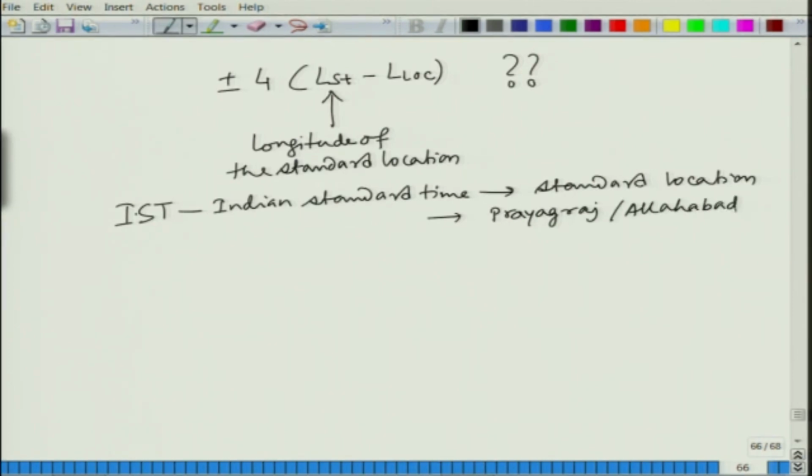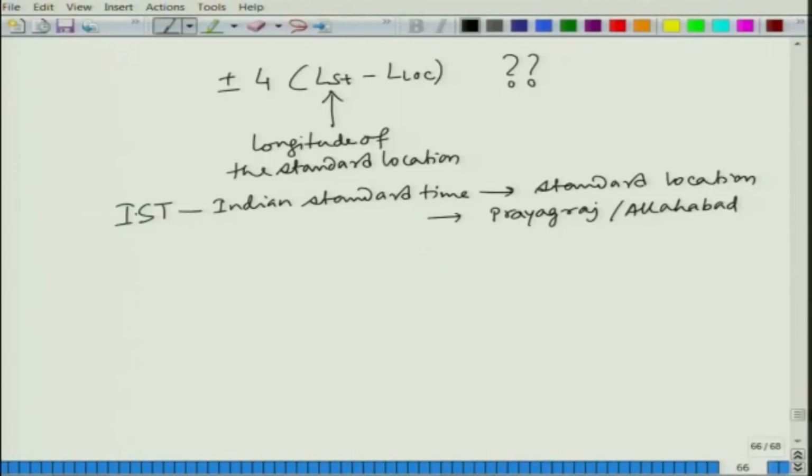Okay. This we fixed because it lies almost in between the east and west boundaries of the country. That is why we fixed our standard time location to be at Allahabad. Okay. And all the watches in India, they will follow the solar time of this location. That is a convenient agreement that we did between ourselves.